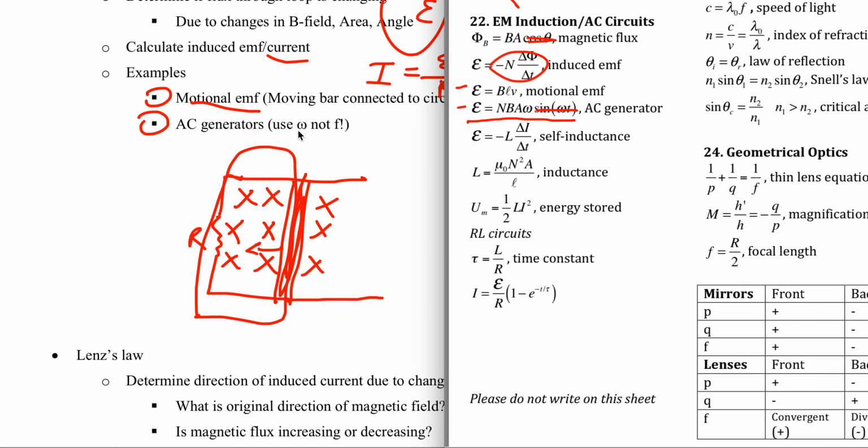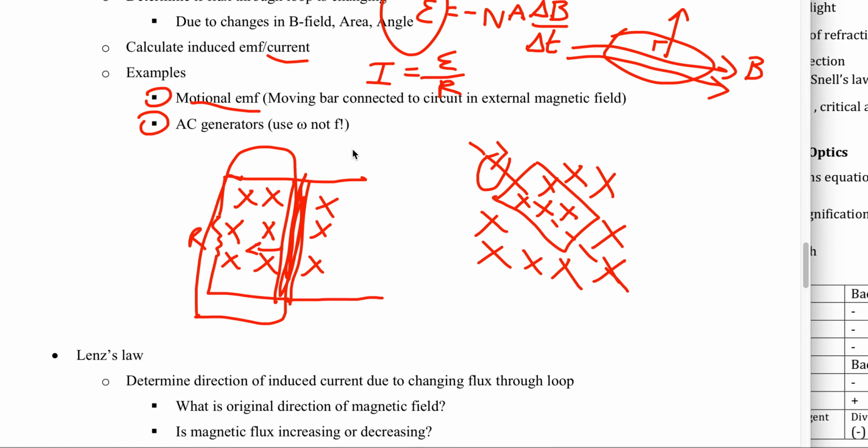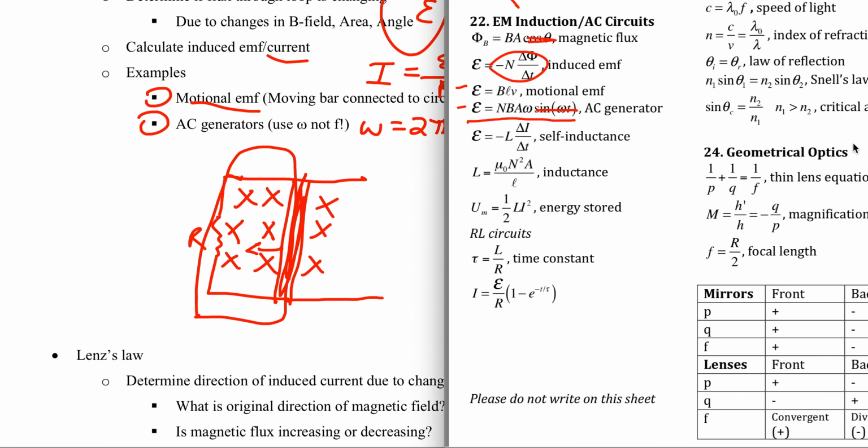And omega is the angular frequency, which is related to the regular linear frequency as 2 pi f. Omega is in radians per second. So you need to know the area of the loop, the external field, the number of loops, and you can find how much EMF is induced. You don't have to use Faraday's law.